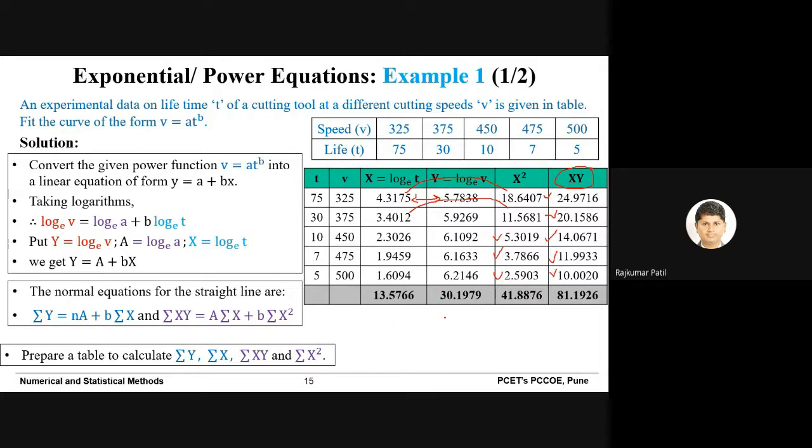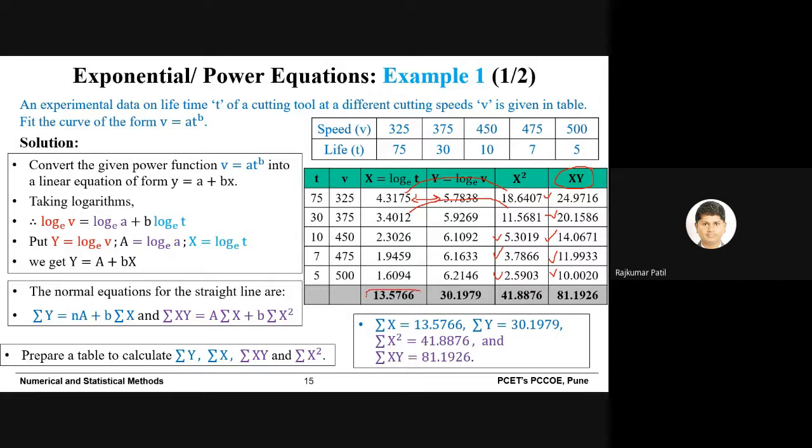Once you do it, you will get the value of summation x as 13.5766. Summation y is 30.1979. Summation of x square is 41.8876.